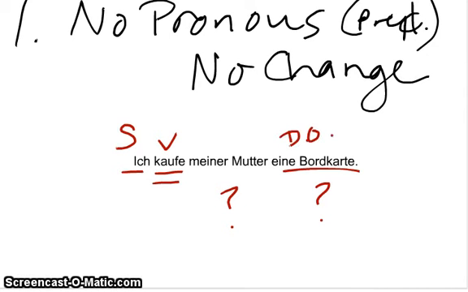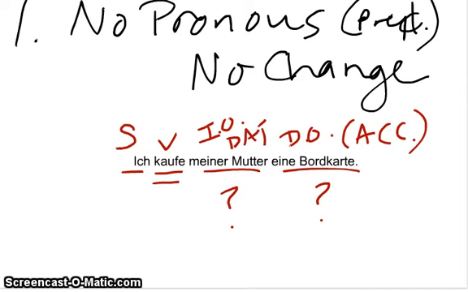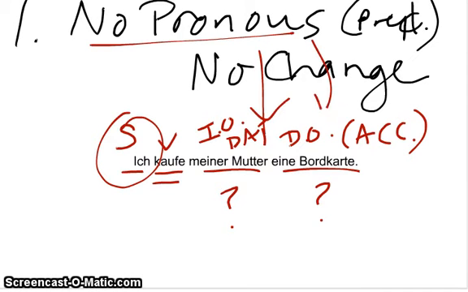I buy a boarding pass is the direct object. So in German, that becomes the accusative case. I buy a boarding pass to whom or for whom? My mother. That is the indirect object, or the dative case. Since the subject of the sentence is a pronoun, we don't have to worry about it. There are no pronouns in the predicate part of the sentence, and therefore no change.